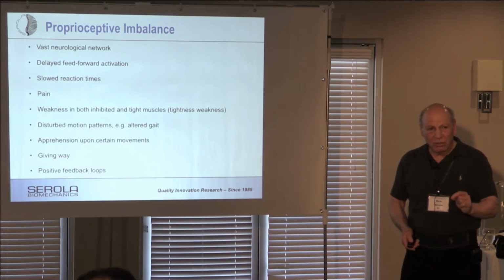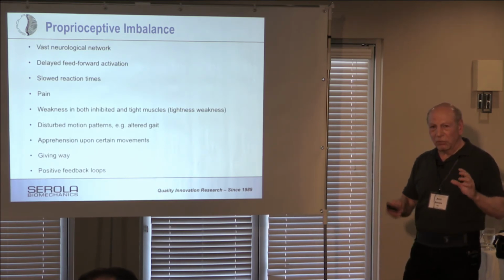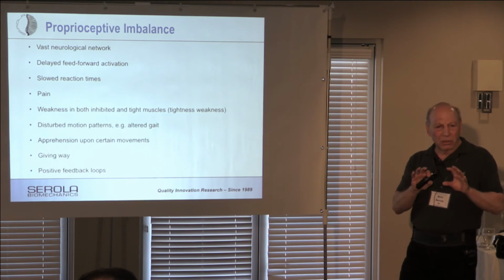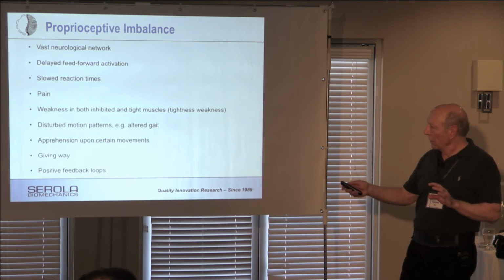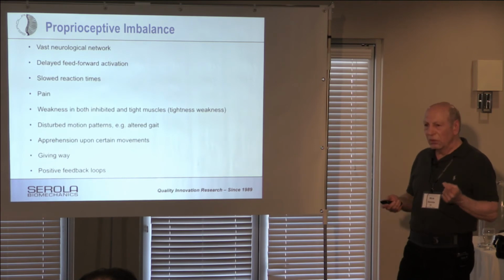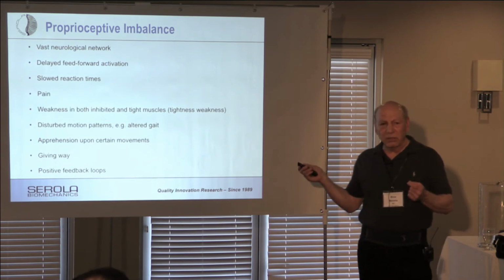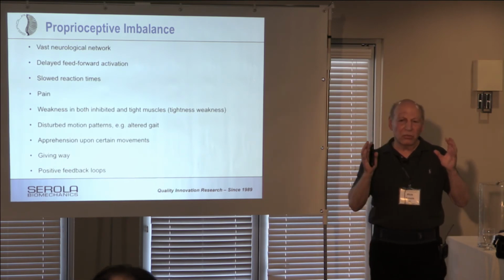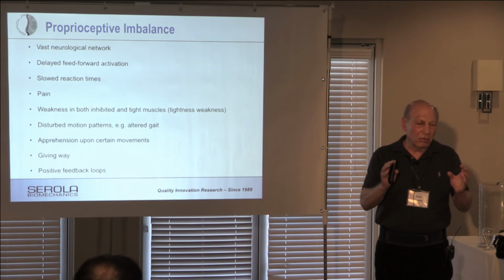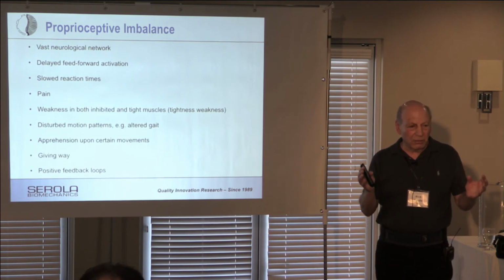But to avoid the injury, once we have the injury, it's going to try and avoid nutation on the site of injury. So some of the methods are delayed feed-forward reaction, slowed reaction times, pain, weakness in both sets of muscles. The nutation muscles, the inhibited muscles, are weaker because they're inhibited.